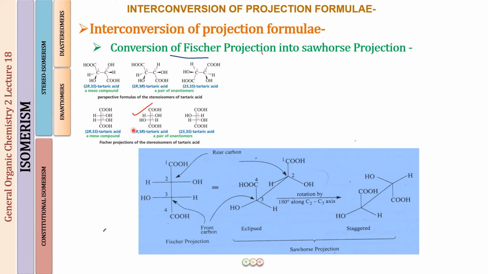When we draw the flying wedge projection, we draw all the groups which are on the plane of the paper with simple lines. So at the same positions you draw for the sawhorse also. So, oblique line, then the COOH group on top and eclipsed. For the back carbon also you will be drawing the COOH group exactly behind it.